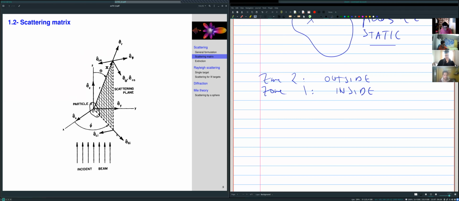So for now, just looking at the sketch, you can imagine that the incident electric field will live in the plane defined by E perpendicular incident and E parallel incident. Okay, this is a 3D rendering of a three-dimensional situation, and E parallel incident and E perpendicular incident are meant to be perpendicular to the incident beam.